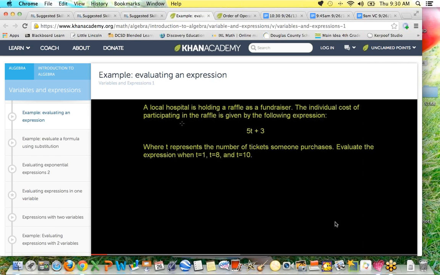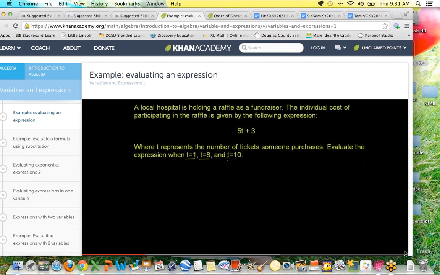The individual cost of participating in the raffle is given by the following expression: 5t plus 3, or 5 times t plus 3, where t represents the number of tickets someone purchases. Evaluate the expression when t is equal to 1, t is equal to 8, and t is equal to 10.